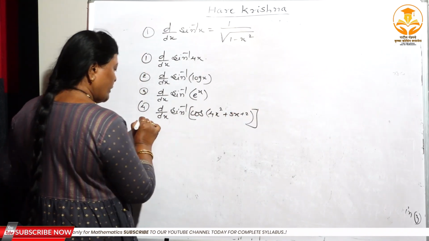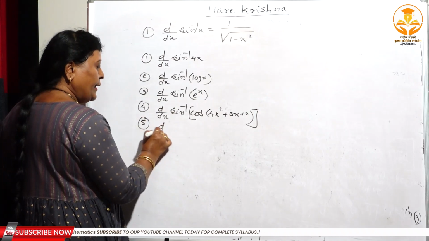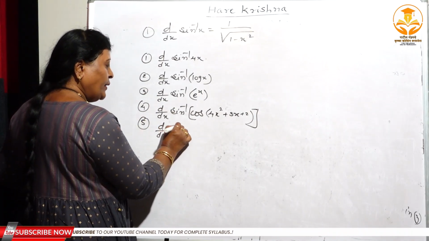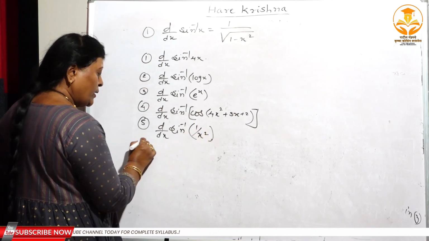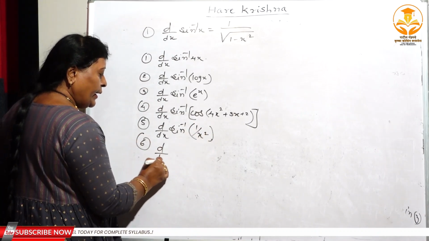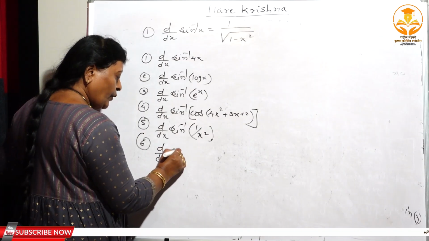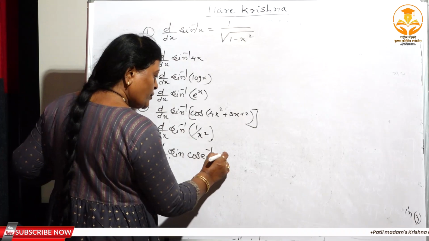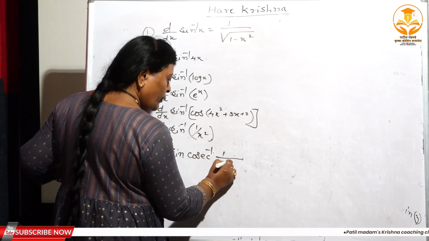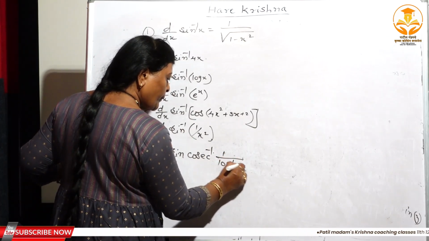And suppose I take d/dx of sine inverse of 1 by x square, right? And suppose I take here d/dx of sine of cosec inverse of 1 upon log of log x.